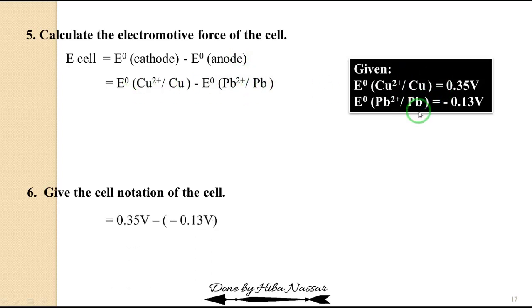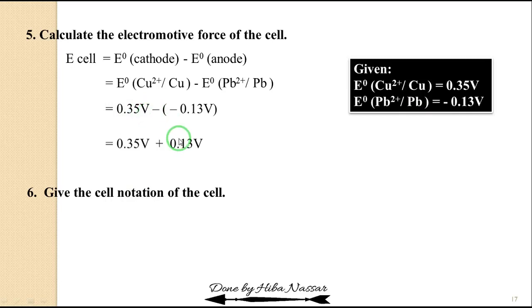So we have 0.35 volt plus 0.13 volt, so the electromotive force of the cell will be equal to 0.48 volt.